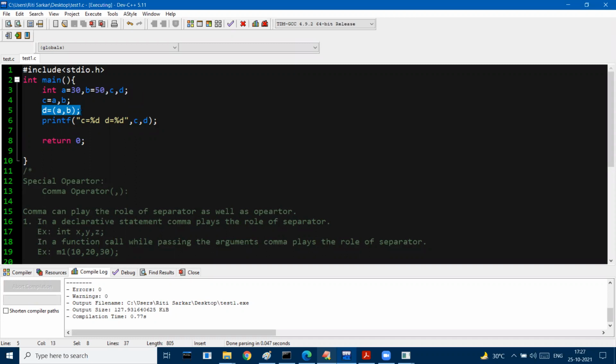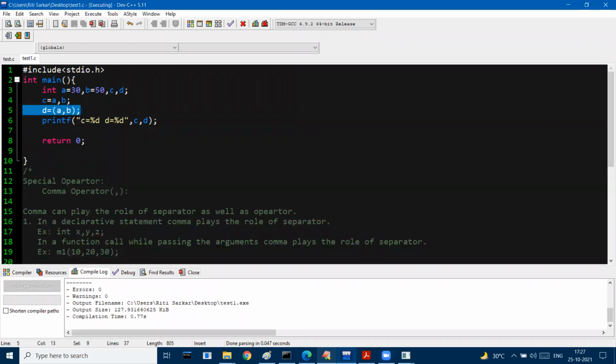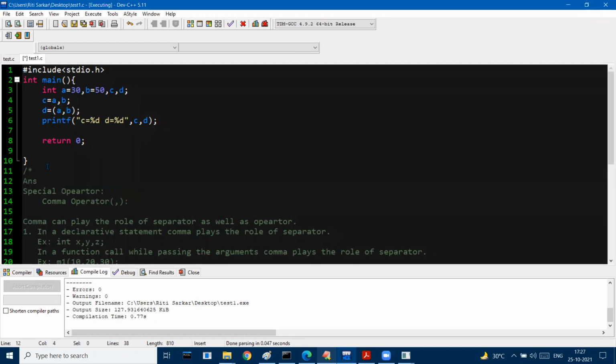So D is equal to A comma B. What is the value of A, guys? 30. 30 comma 50. So the value of D will become what? 50. No doubt about that. The value of D will become 50.